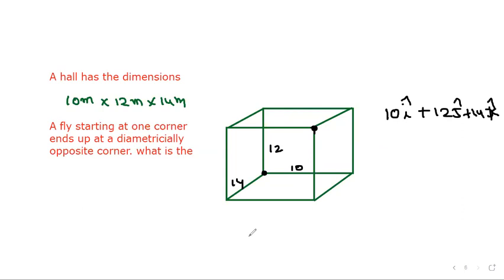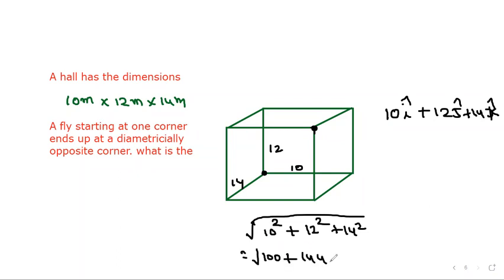What is the magnitude? Root over 10 square plus 12 square plus 14 square. That is equal to root over 100 plus 144 plus 196. Totally it will be how much? 100 plus 144 plus 196, that is 440.